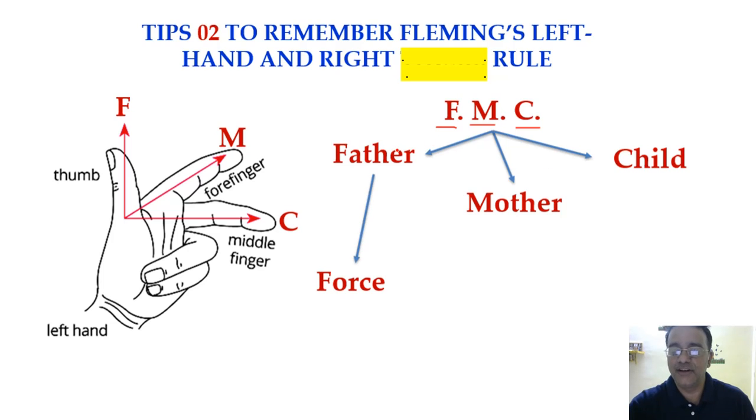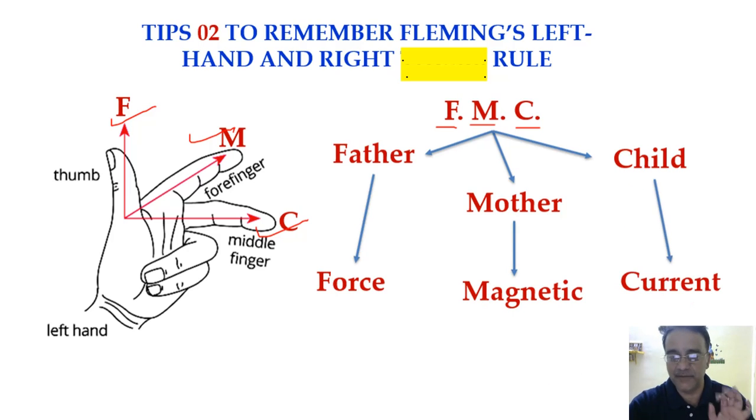F for father, that is force, and M for mother. तो हम लोग को याद रखना है father, mother, child में. फादर के एफ से फोर्स मिलेगा और मदर के एम से मैग्नेटिक फील्ड मिलेगा और चाइल्ड के सी से करंट मिलेगा. तो ऐसे भी हम लोग याद कर सकते हैं इसको. This is a very easy tip to remember right hand and left hand thumb rule. राइट हैंड में भी सेम वही है, एफ बी आई, एफ एम सी. फोर्स, मैग्नेटिक फील्ड एंड करंट.